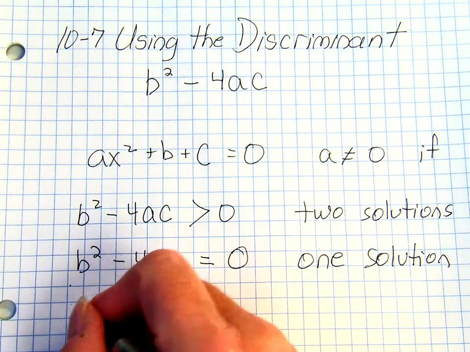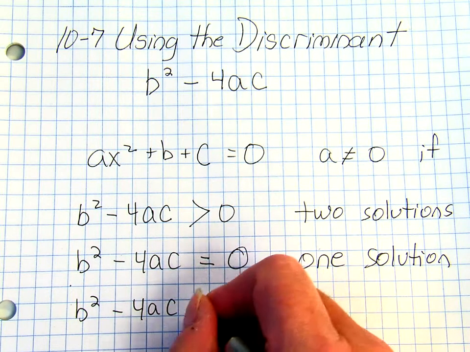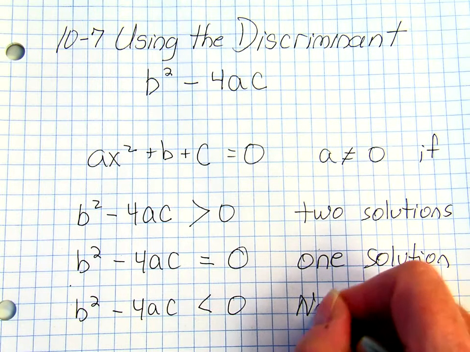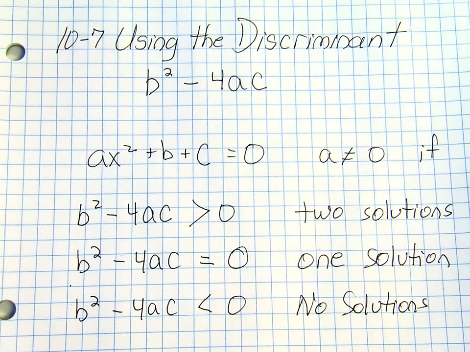And then b squared minus 4ac, if it is less than 0, that means there are no solutions. That is when our parabola is floating above or below our x-axis. This is actually a very short chapter. It isn't going to take us very long.